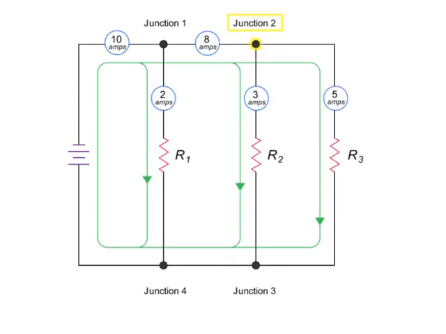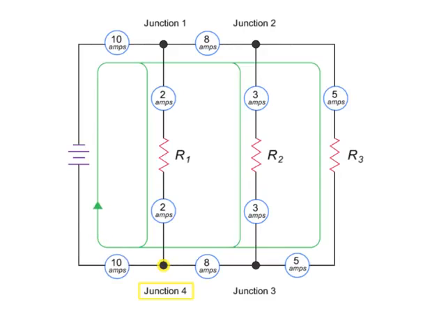As the current returns through junction 3, the 3 amp and 5 amp values recombine to give an amp value of 8. At junction 4, the 2 amp and 8 amp currents recombine to equal the 10 amps of the original source current. An important difference in a parallel circuit is that voltage is the same throughout the circuit, so using a voltmeter to measure volts at each load will yield voltage readings equal to that at the source.